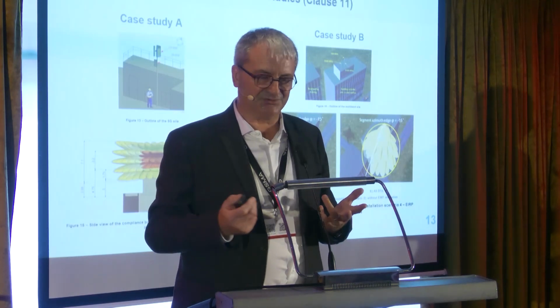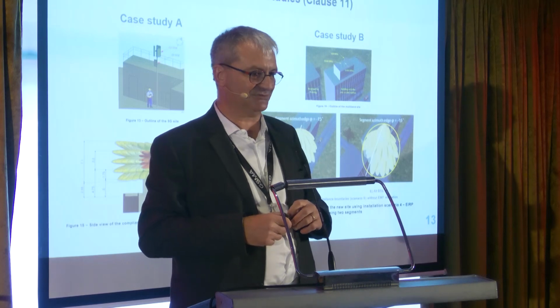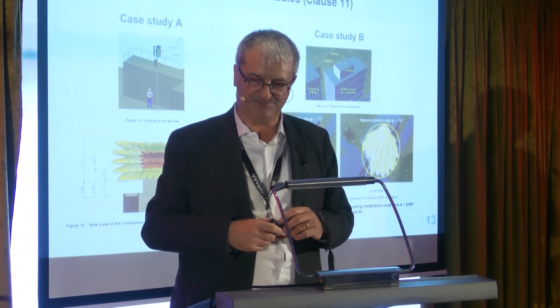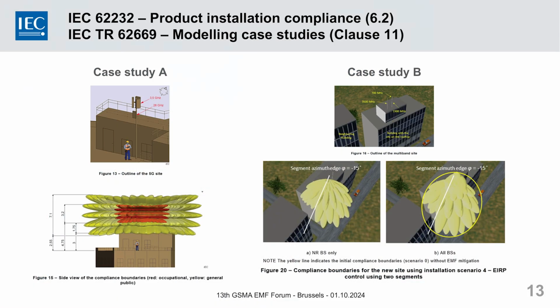And here are two case studies from the technical reports that can be used. On the left, you see a centimeter wave antenna and a millimeter wave antenna on the same monopole. You see the description of the site in the computer model, and you see the representation of the compliance boundary.